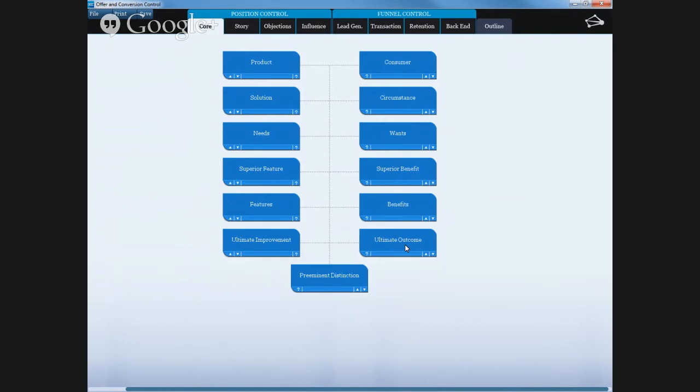So the ultimate improvement, again, being on the product side, what is the ultimate improvement that your product is trying to make for you? So in other words, if you're selling anti-acne cream, obviously the ultimate improvement is that the product is going to be responsible for clearing your skin, generating clearer, healthier skin. Whereas on the consumer side, the ultimate outcome is very much related to that superior benefit.